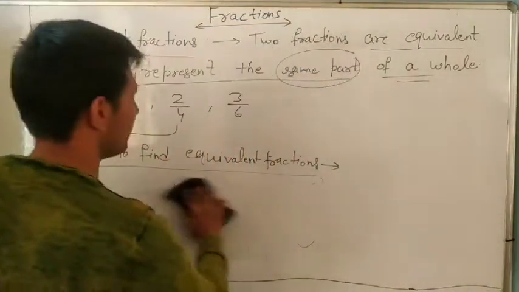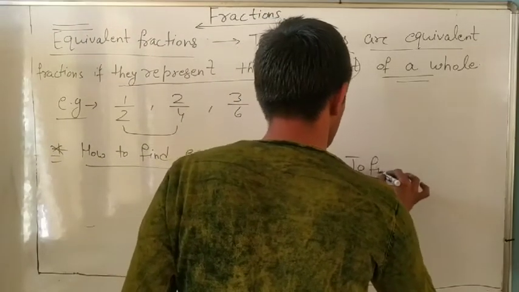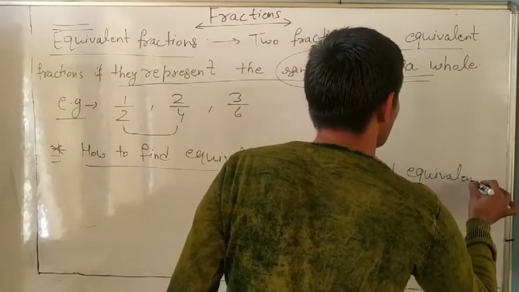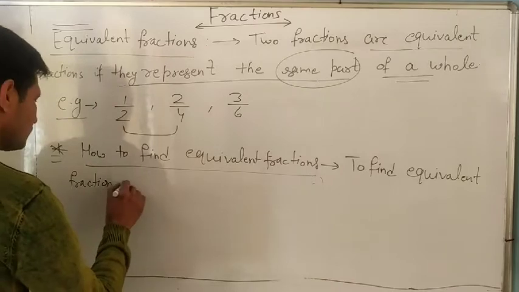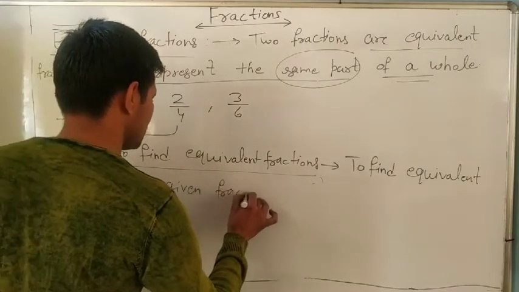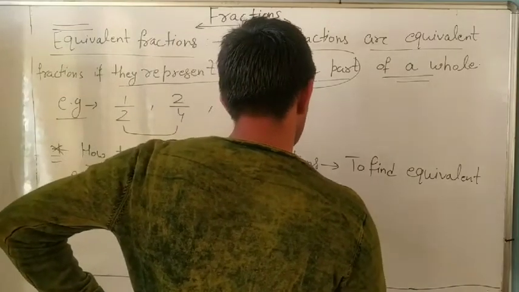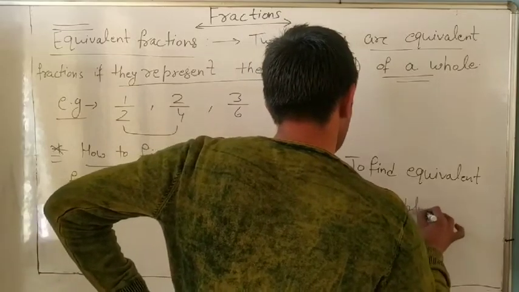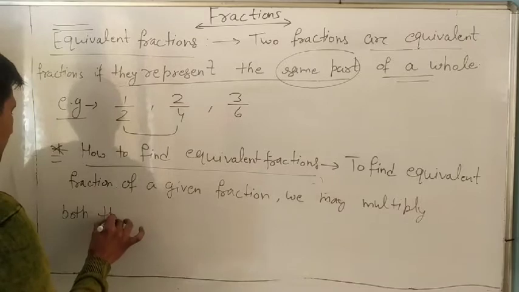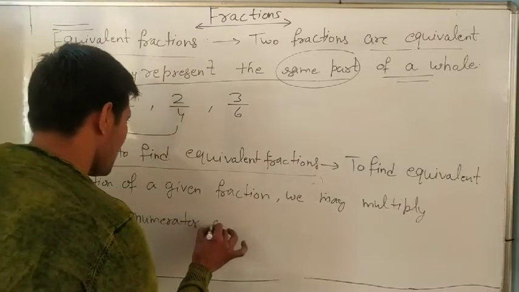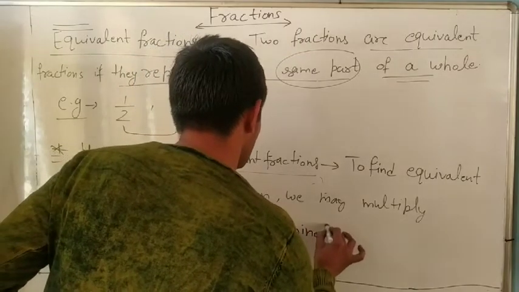So how to find an equivalent fraction? Note down: to find an equivalent fraction of a given fraction, we may multiply both the numerator and denominator by the same number. Equivalent means equal.